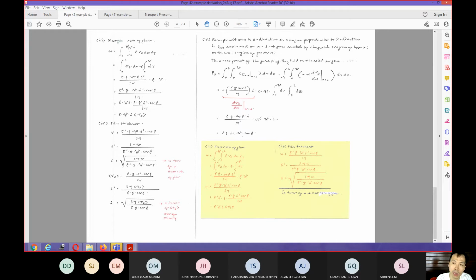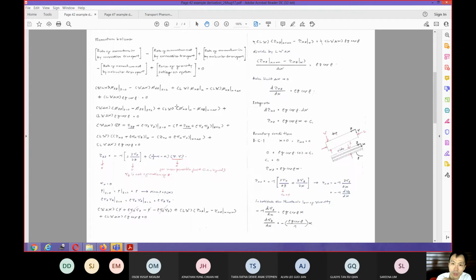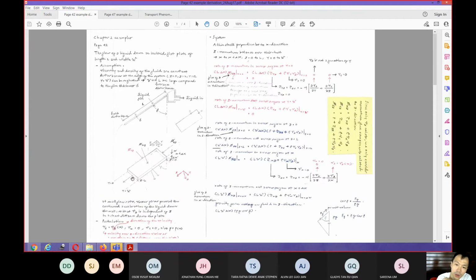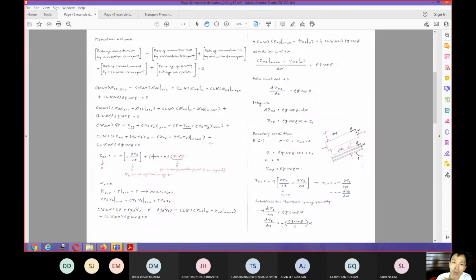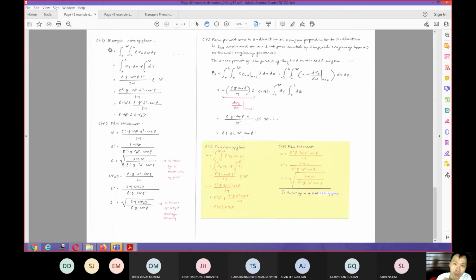You have a small w and a capital W. The capital W in here refers to the width of your system, that's the width of your plate in here, whereas this small w in here refers to your mass rate of flow. So in order for me to avoid confusion, I put another note in here to make it much more clear, because in here I differentiate between the small w and the big W.